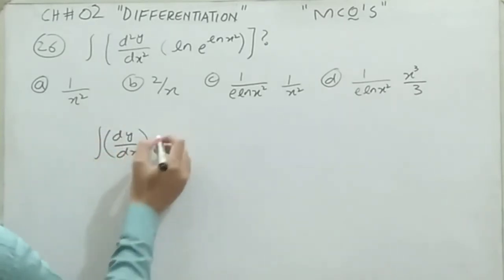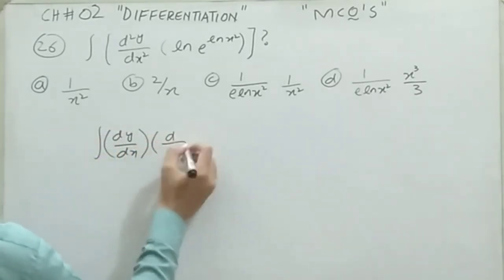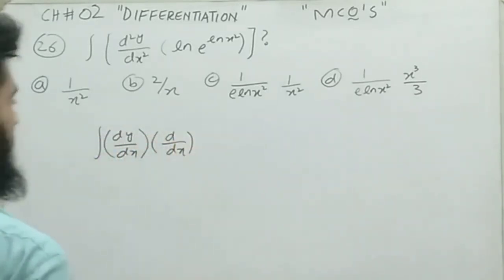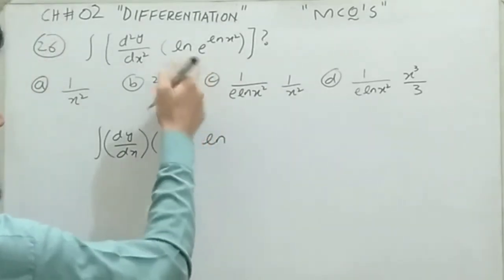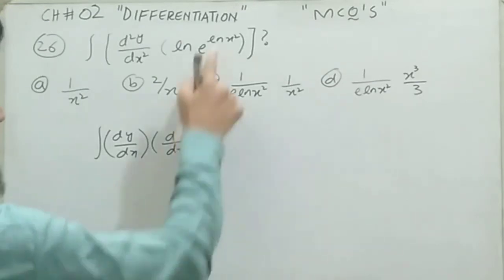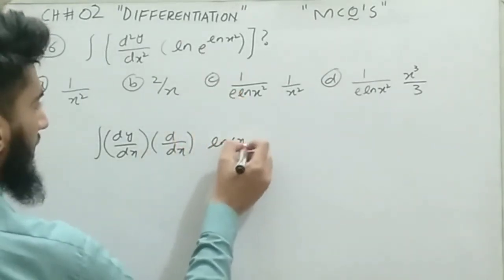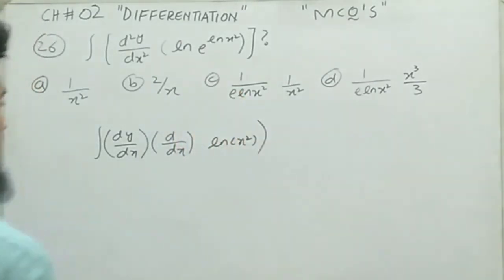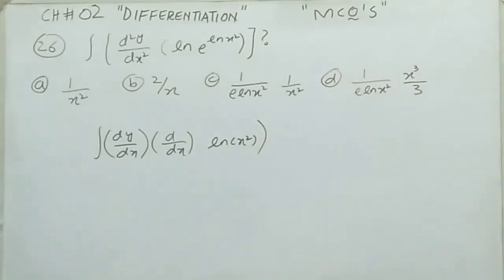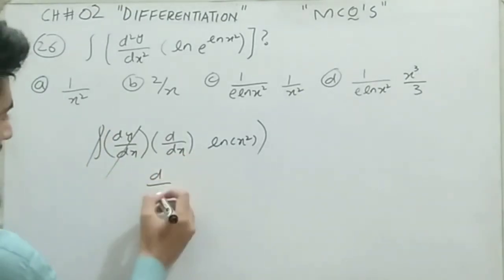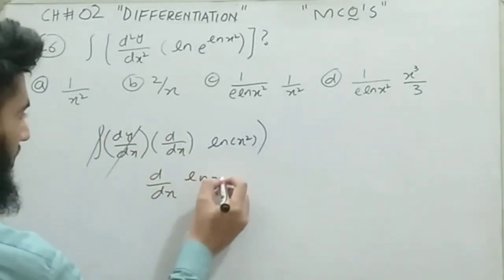So we can write it dy by dx into d by dx. After this, ln and e are the reciprocal of each other, so they will cancel out with each other. We are left with ln of x square. Now after this, you also know that integral and differential are opposite phenomena, so they will cancel out with each other. We are left with d by dx of ln of x square.